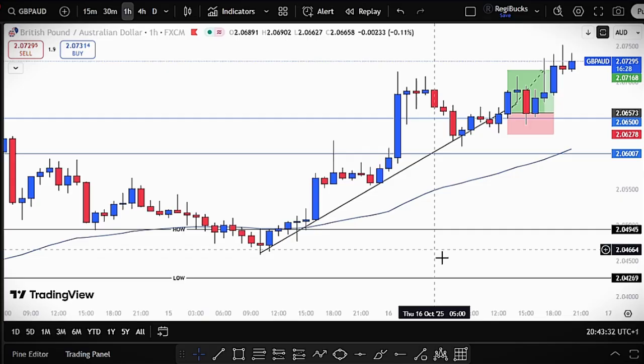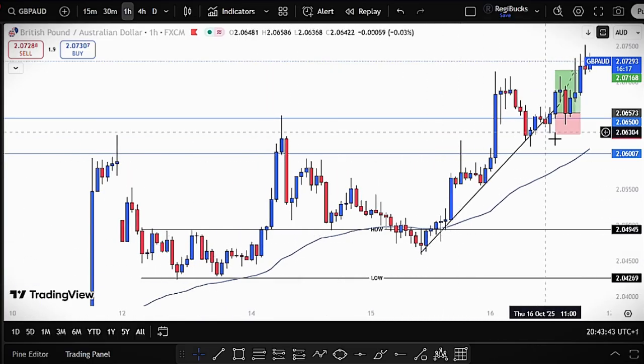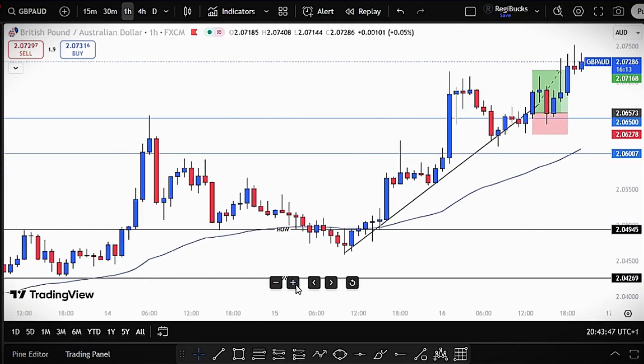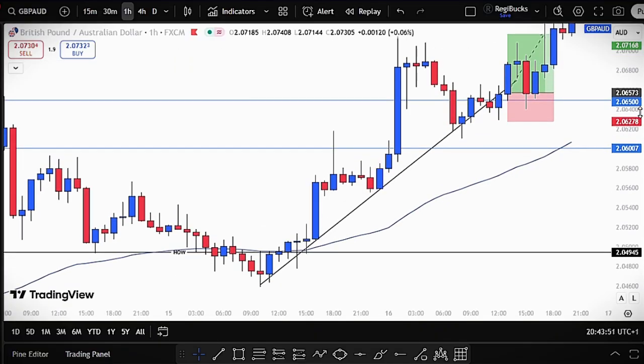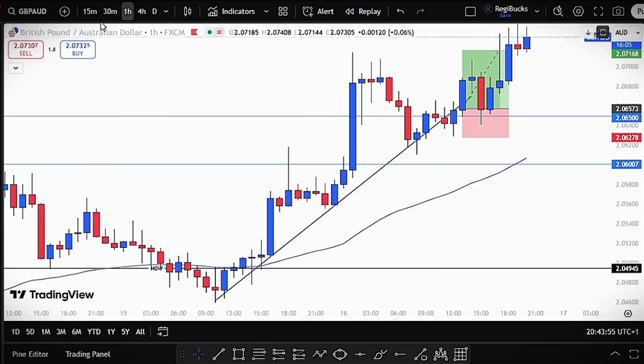So we either see a trend line or Fibonacci or psychological level or area of interest. At this point we saw the trend line, and then what did we also see? We saw a psychological level of 2.06500. As soon as I saw that, I knew we were going to buy.